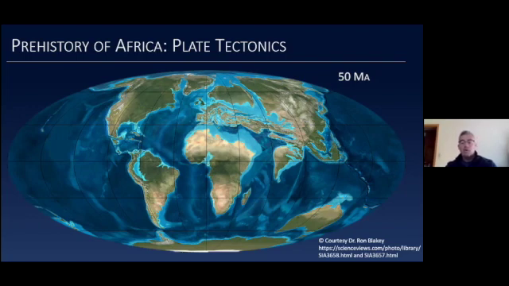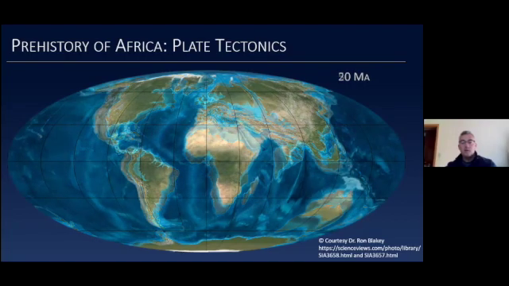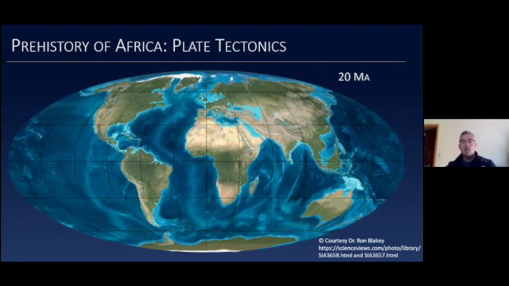If you fast forward to about 20 million years ago, you can see Africa has now moved up into its current position and it's connected to Europe and Asia. When that connection occurs, animals and plants from Africa start to move out into Europe and Asia, but animals and plants from Europe and Asia also move into Africa.